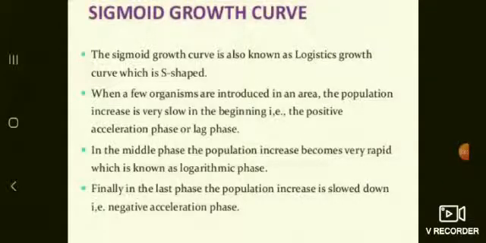Now the next is called negative acceleration phase. Here again, slow rise in population as environmental resistance increases. And the last phase is called stationary phase. In this phase, growth rate becomes stable because mortality and natality rate become equal to each other. So there is zero growth rate.